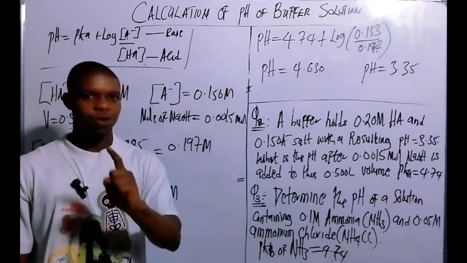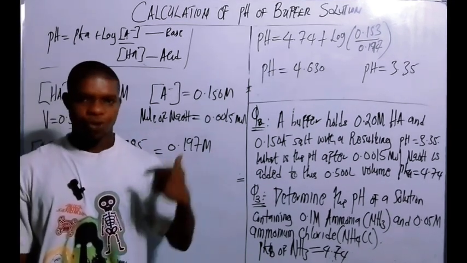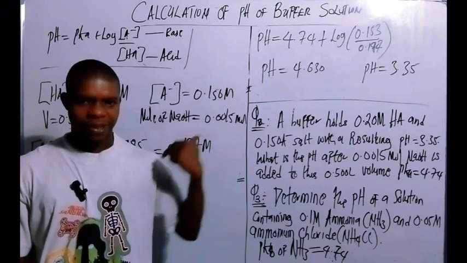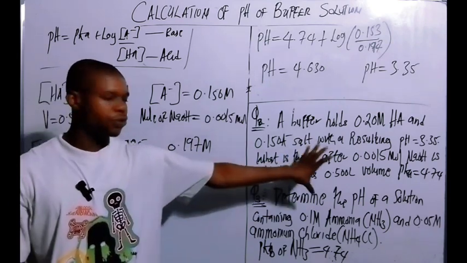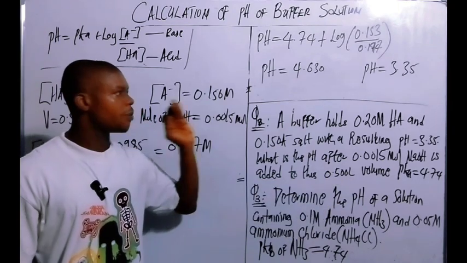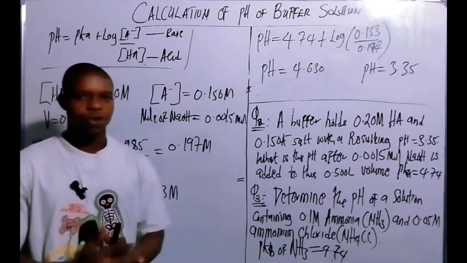Do you understand? You need to take note of this. But whenever an acid is added to a buffer solution, the pH always decreases. So these are things you need to take note of. I believe these are things you need to master when it comes to calculating the pH of a buffer solution.